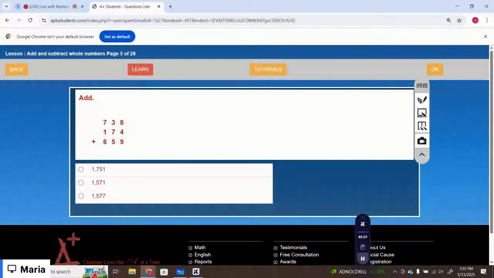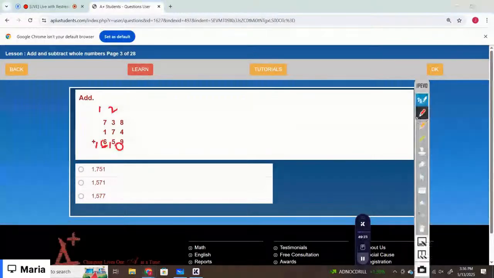Add 738 plus 174 plus 659. Which is the correct option? 8 and 4, 12 and 9, 21.